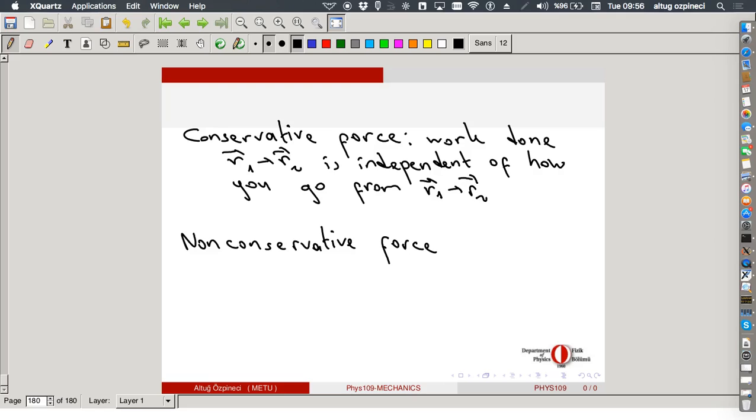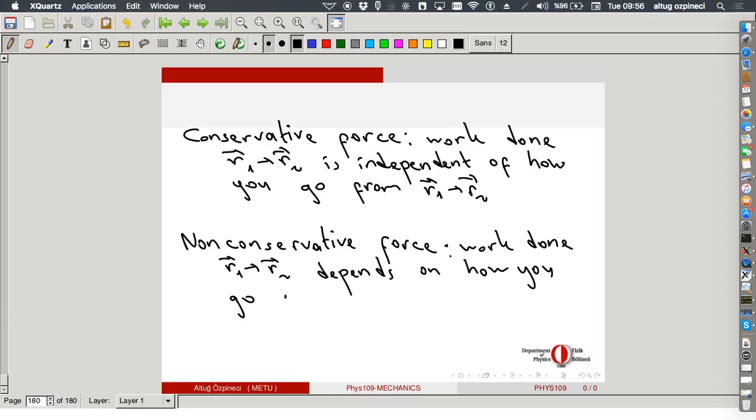In the case of the non-conservative forces, the work done as you go from R1 to R2 depends on how you go from R1 to R2.